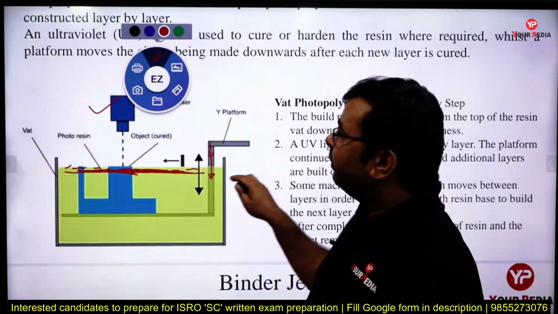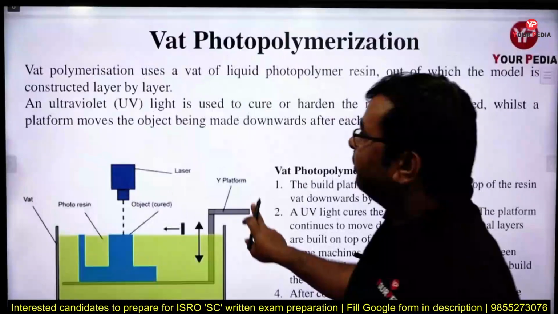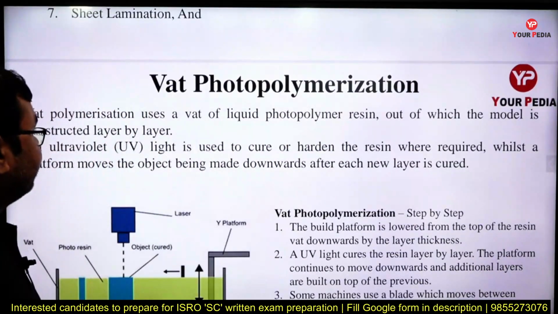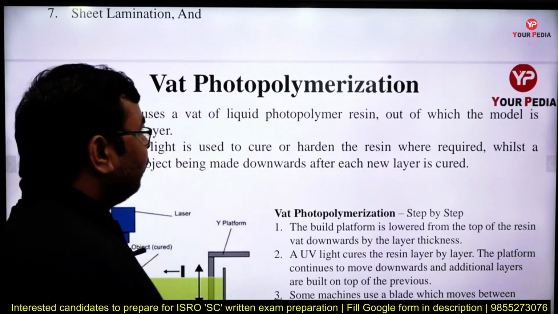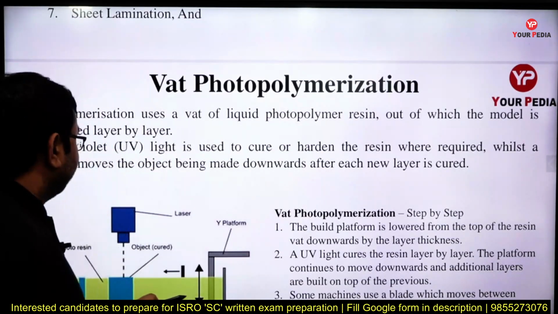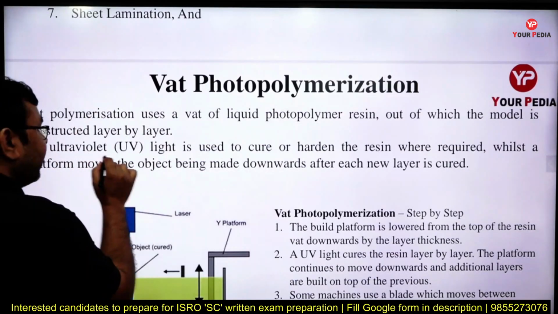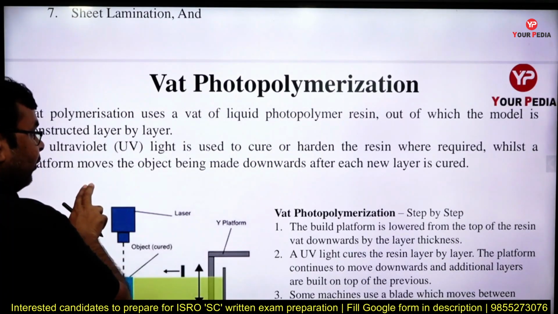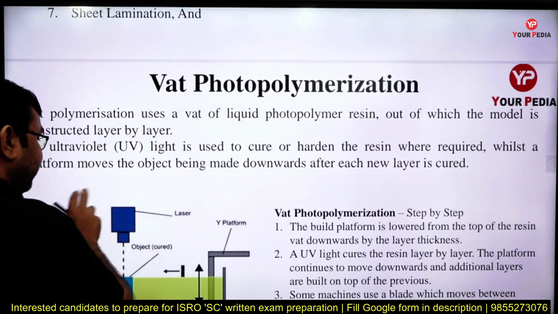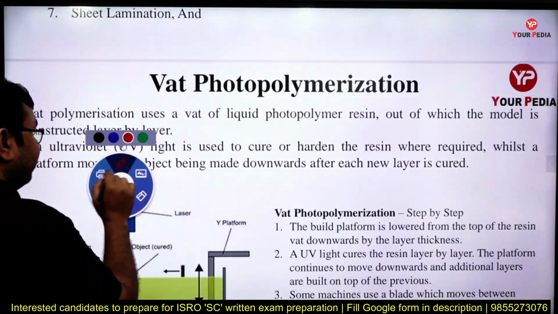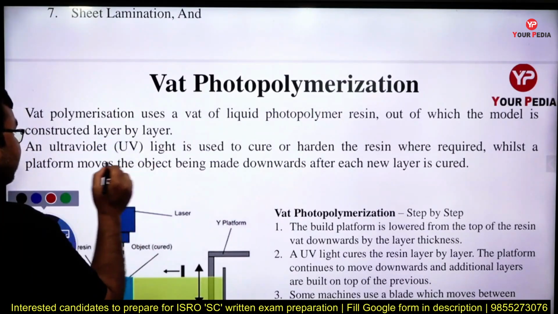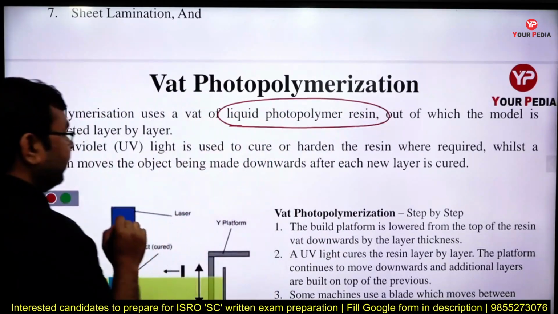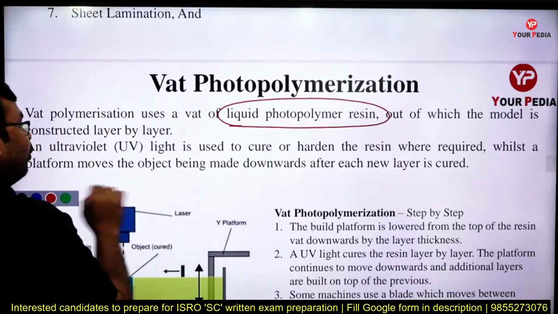So, this is called the wet polymerization process, and in this process especially we use wet polymer, correct. In this we use wet polymers or liquid polymer resin, out of which the model is constructed layer by layer, correct. And you can see here, ultraviolet light is used to cure the polymers, to provide a hard surface, because here we have raw material in the form of liquid polymer resin, correct, and we need to cure that polymer.